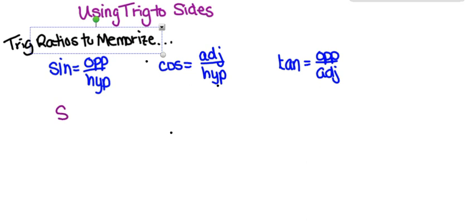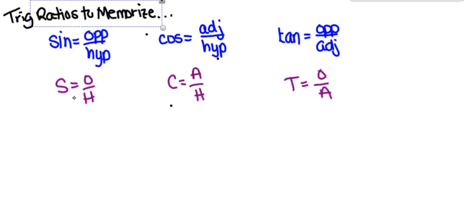Or S equals O over H, C equals A over H, T equals O over A. And the way I remember this, some old horse caught another horse taking oats away.